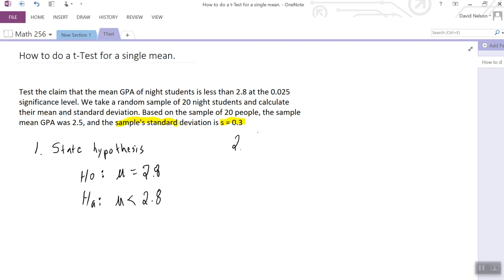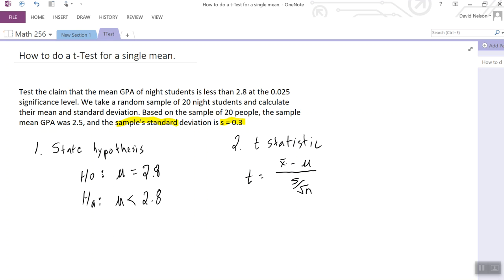The next thing we want to do is to find the t-statistic. Find our test statistic, and we use a formula that's really similar to the one that we use with the z statistic, but this is the t statistic.